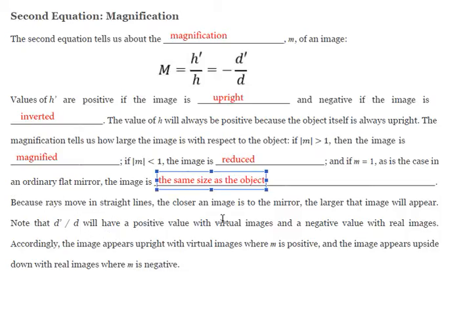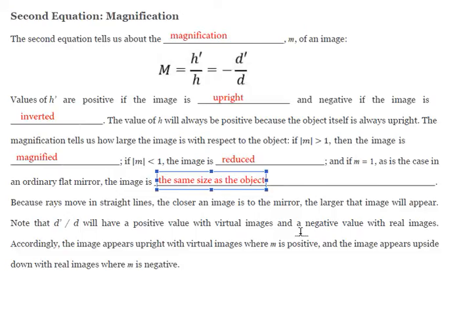Because rays move in straight lines, the closer that an image is to the mirror, the larger it's going to appear. So d prime over d is always going to have a positive value with virtual images. Remember, you'd plug in a negative distance if it's forming behind the mirror. D always has to be positive. We said it has to be in front of the mirror. So negative, negative would cancel out.